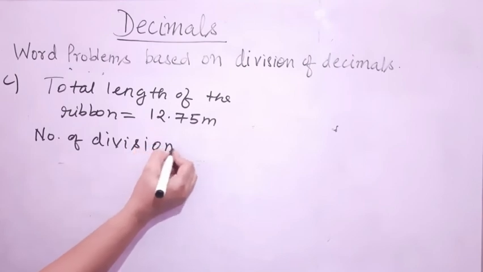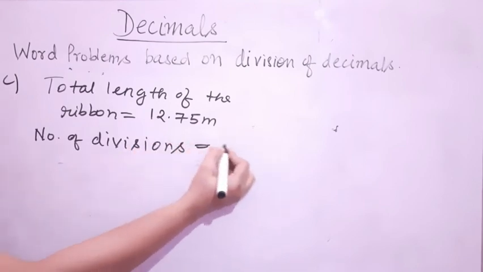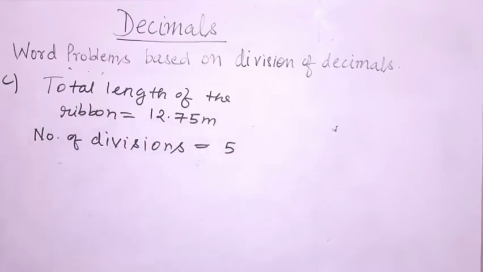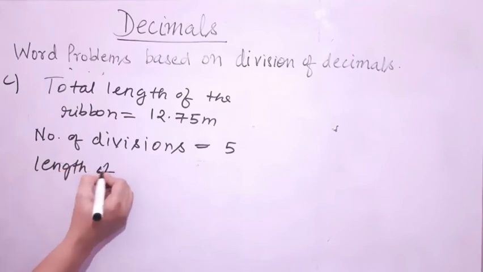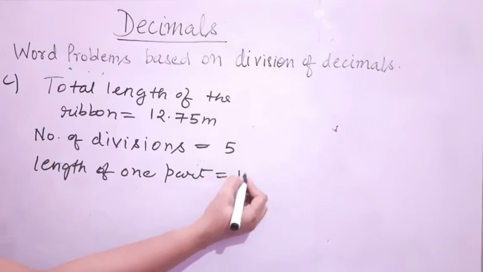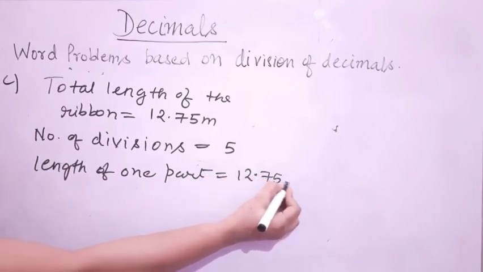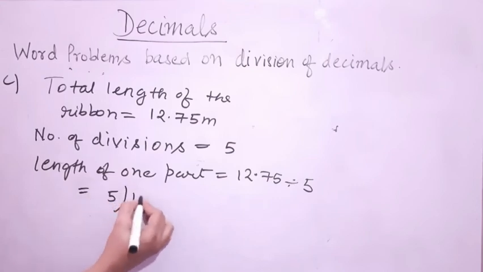Divisions means into how many parts the ribbon was cut. So in total there are 5 parts. Now, what will be the length of one part? Length of one part. This is your third statement. So for that 12.75 has to be divided by 5. Right, students? Now let me perform the division for you.